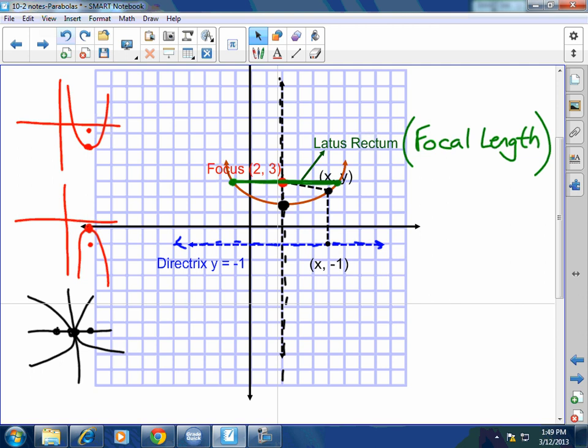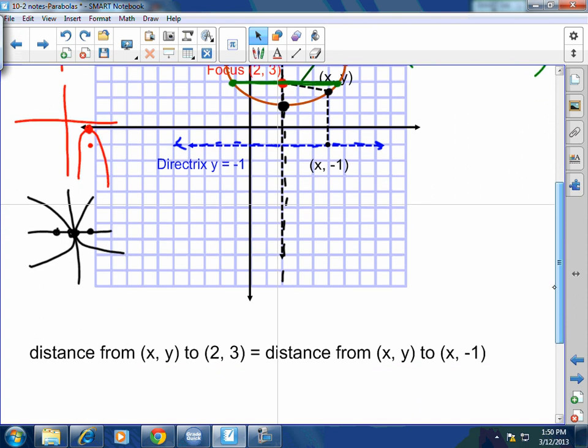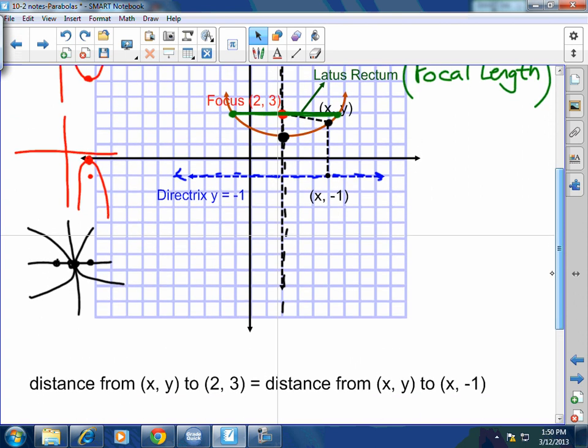Let me first prove to you that the distance from the focus to point XY is equal to the distance from XY to the directrix x = -1. If I am being accurate in my definition, the following statement must be true. I'll erase this for a second so it's clearer.